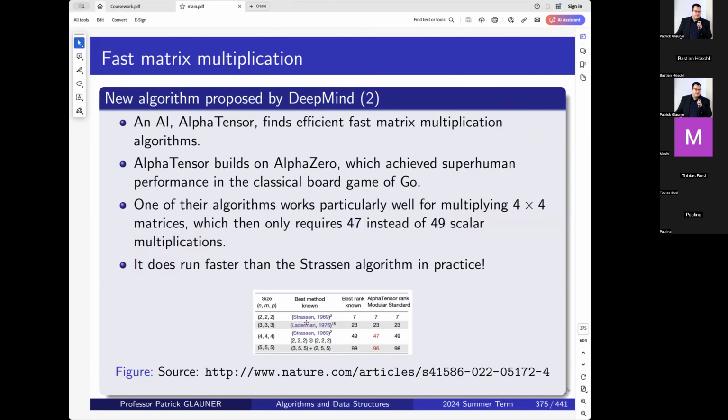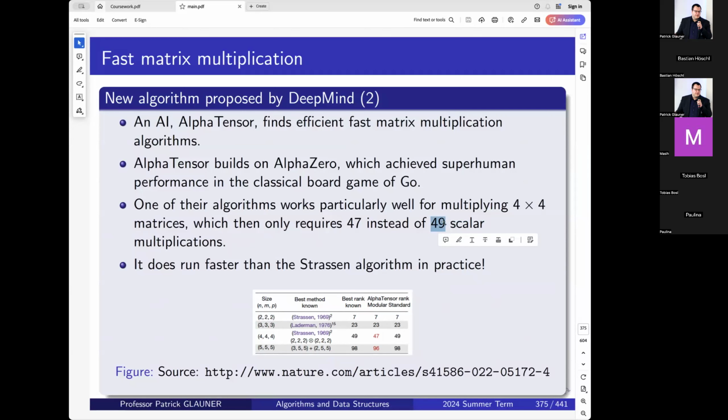And what you see down here is a comparison of such algorithms. So multiplying a 2 times 2 with a 2 times 2 matrix, so M, N and P, this was done using the Strassen algorithm. And I'm sorry, the 49 here is obviously not the naive one, but it's actually the Strassen algorithm.